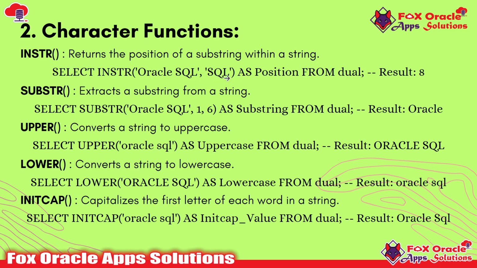What is the position of SQL? Position means the starting of the first character. So you can see 1 2 3 4 5 6 7 8. 8 is the starting of this SQL, and in the result you can see we have 8. So it is the position from where SQL starts in the Oracle SQL string.